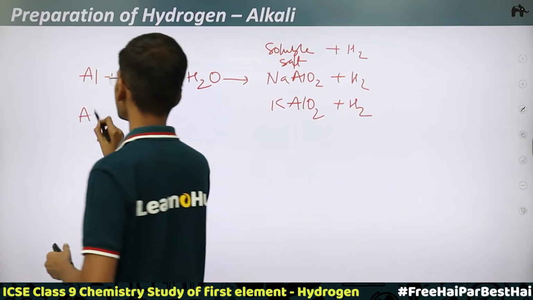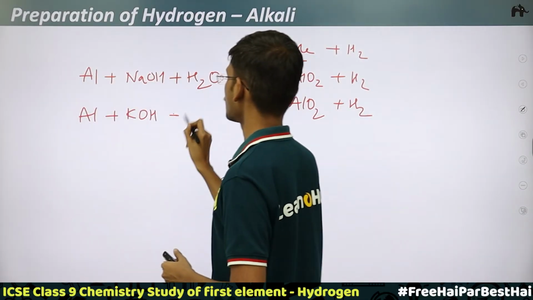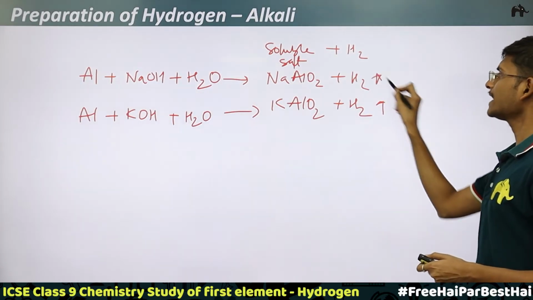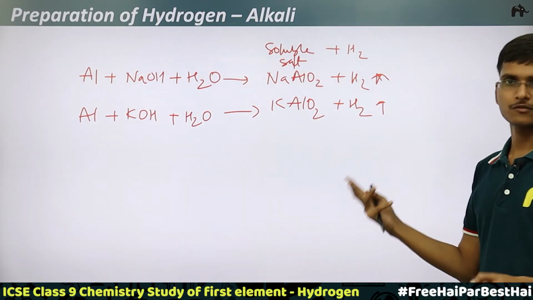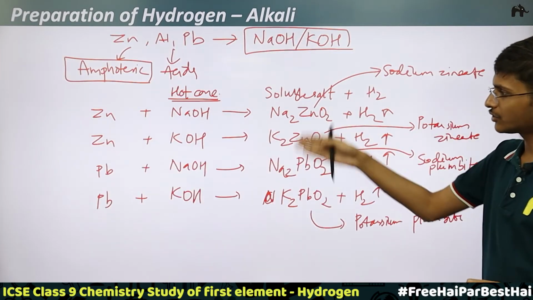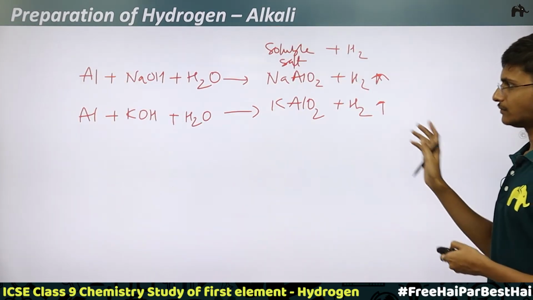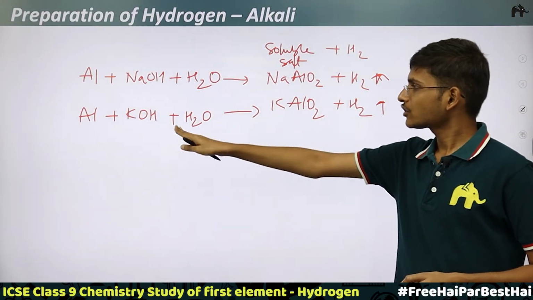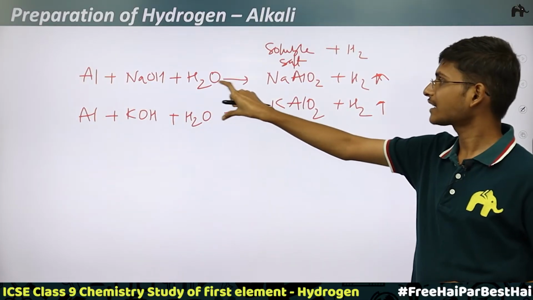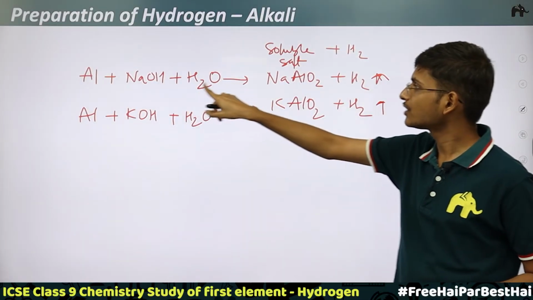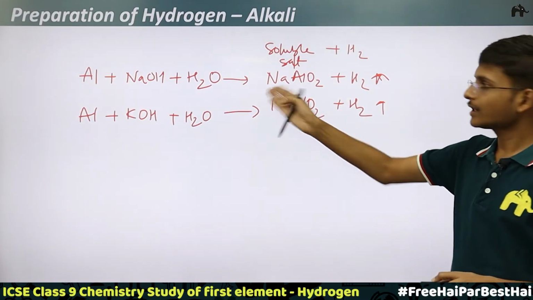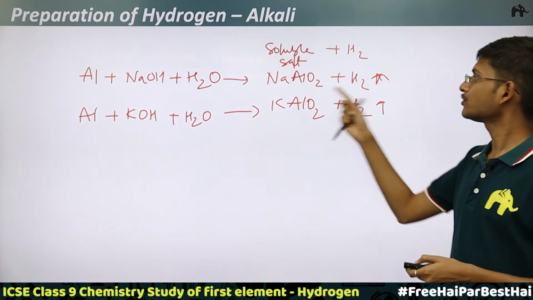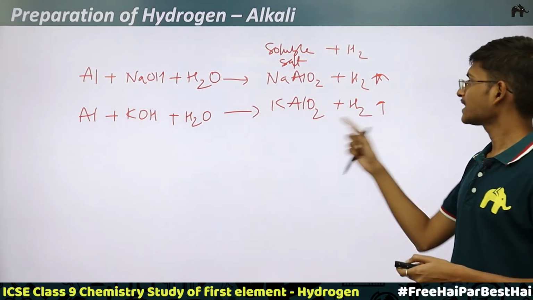So this would be the reaction: Al plus KOH plus water giving KAlO2 plus hydrogen gas. And all these reactions you need to balance out. So aluminium along with sodium hydroxide or potassium hydroxide, and water would be another important reactant here, and then they would react. Aluminium along with sodium hydroxide and water, aluminium along with potassium hydroxide and water, to form NaAlO2 and hydrogen gas and KAlO2 and hydrogen gas.